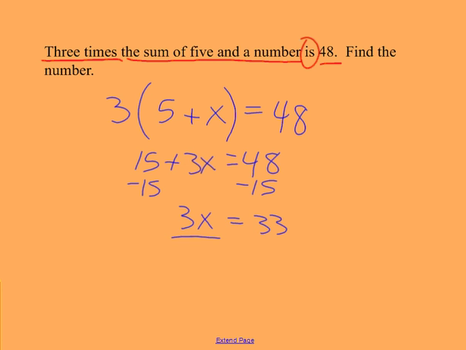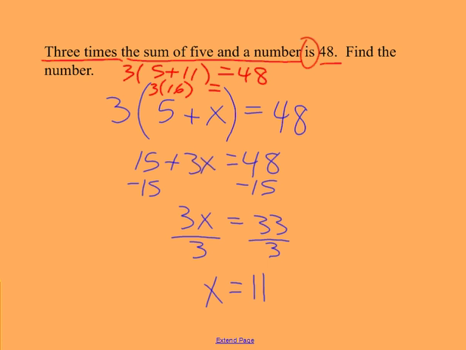Divide both sides by 3, and we get x equals 11. And of course, we can always double check this by plugging it back in. So if we put 11 in for x, we'd have 3 times 5 plus 11 equals 48. Well, 5 plus 11 is 16, and 3 times 16 is 48, so we're correct.